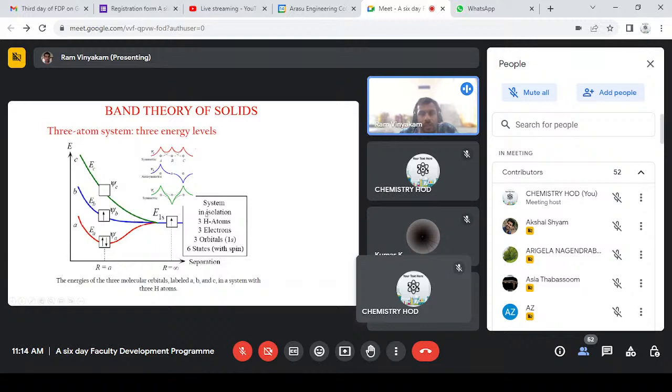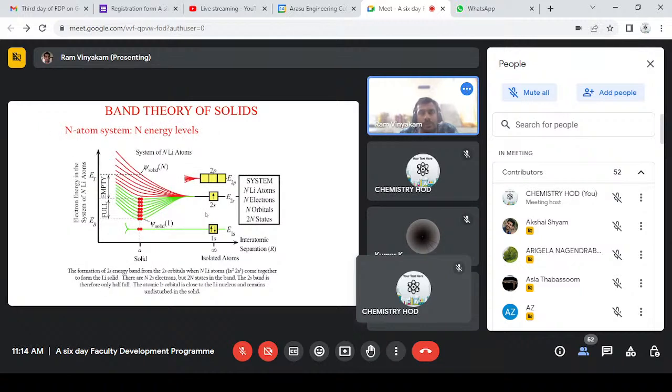Slightly further, when we move from molecules to a solid, what happens? The atoms are closer together, so the interaction is much greater. If we take lithium, which has a three-electron system, you have a filled 1s and 2s1.